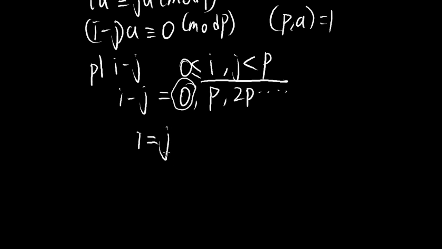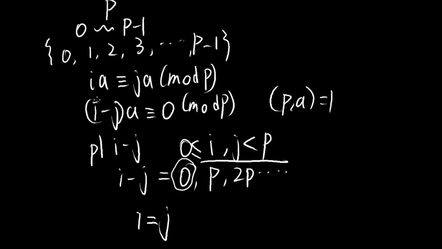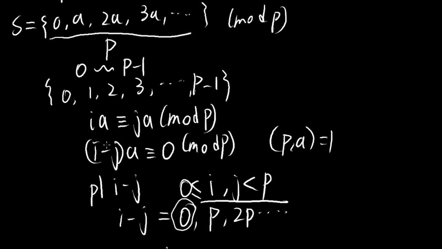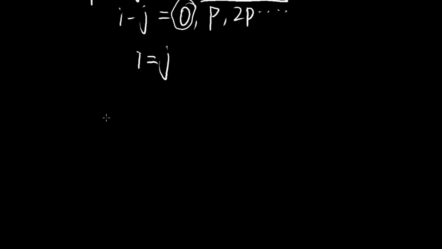So it is impossible for two elements in the first p elements to be equal, and we prove the uniqueness of the remainders of S mod p for the first p elements.